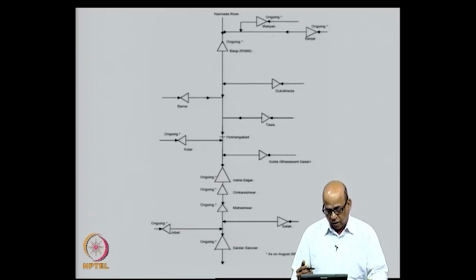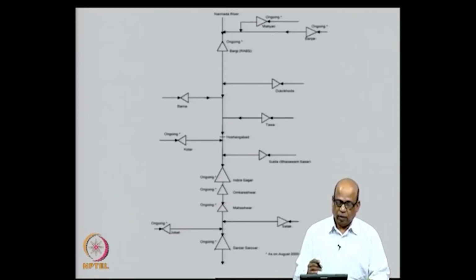As all of us Indians know, this is an extremely important water resource system, and therefore, the hydrologic analysis for this system is important. However, there may not be adequate data available at all the locations, but luckily for the Narmada system there is significant data available at several locations because of the importance of this system.